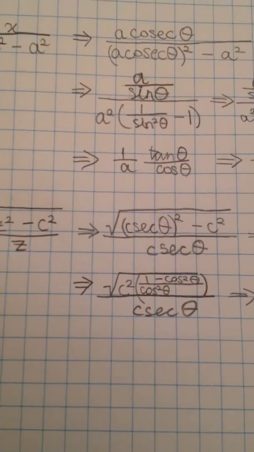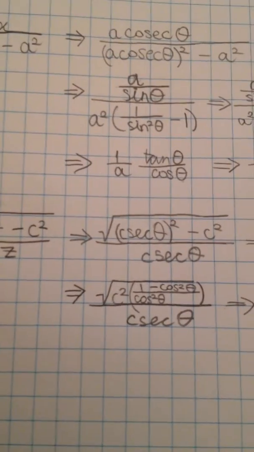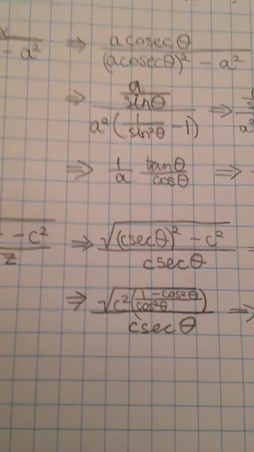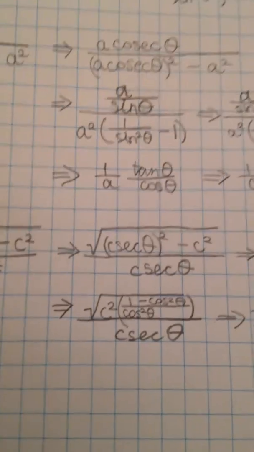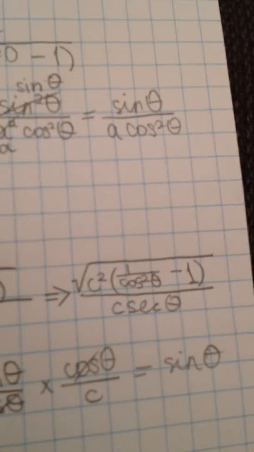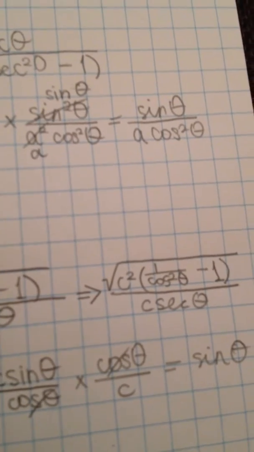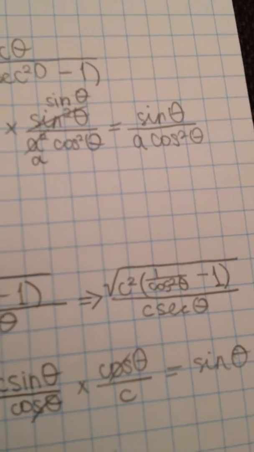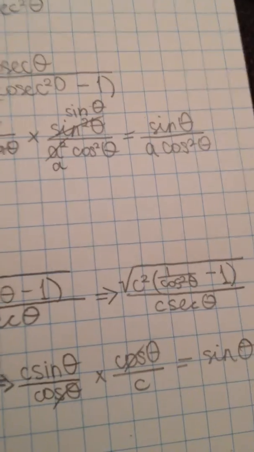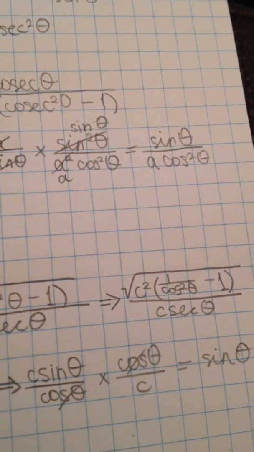And then I was able to change the sec squared theta to 1 over cos squared theta, which is very useful. And moving on, I added the minus 1 to the fraction by having this minus 1 go into the fraction as cos squared theta over cos squared theta. So it was minus cos squared theta over cos squared theta.